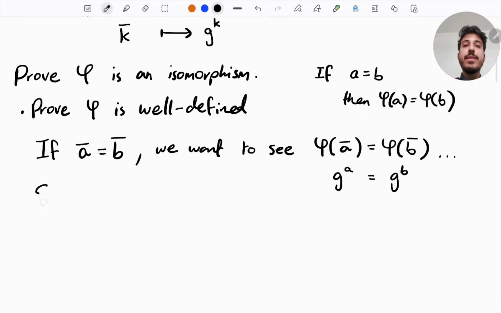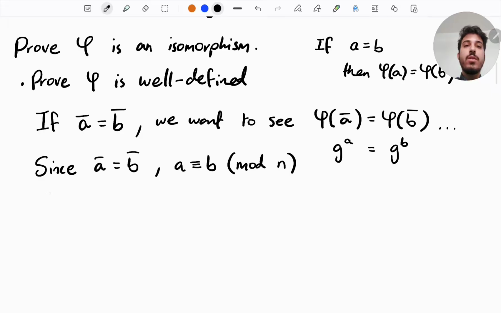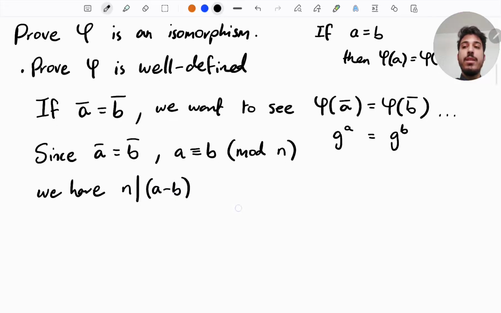Well, since a bar is equal to b bar, a is congruent to b modulo n, and by definition of being congruent, that means n divides the difference a minus b. So we have n dividing the difference a minus b.